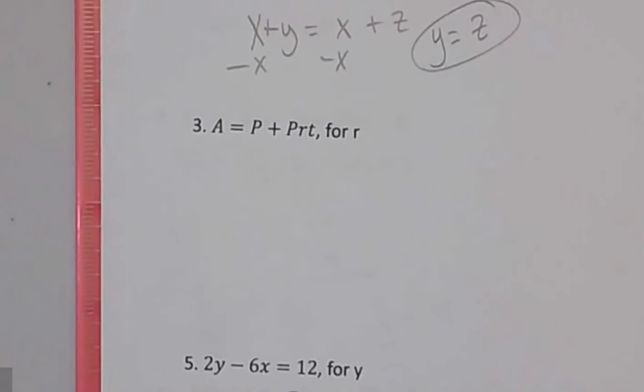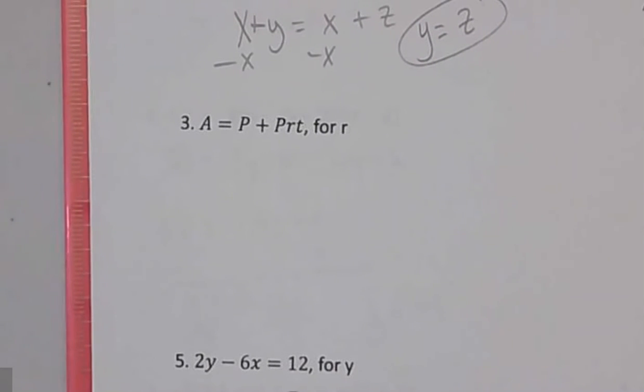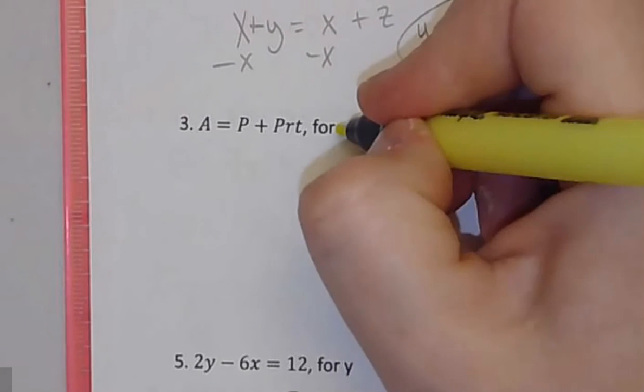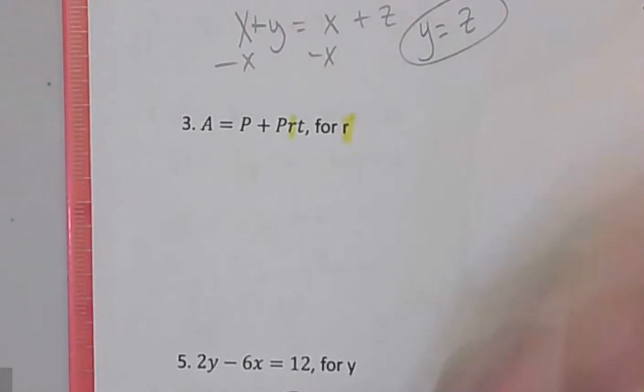All right, the next one we have is a equals p plus PRT. And so we're going to solve for r. The first thing I'm going to do is subtract this p to the other side.